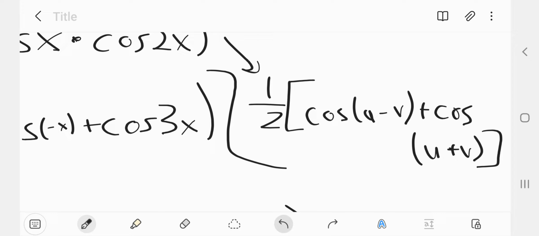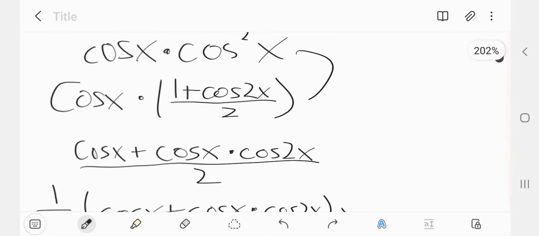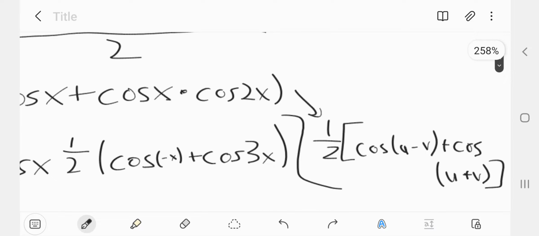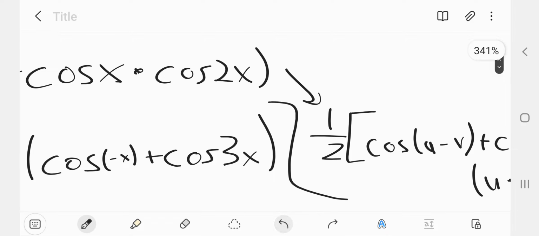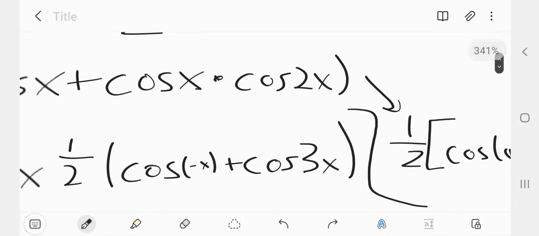And you might be wondering, and I was confused for this for a while, what are the u's and v's when the angles here are the same? There's not x and y. This is just both x and x. So what are they talking about with u and v, right? The u and v are actually referring to the coefficients. So the coefficient here is just 1, right? Because there's nothing there, so it's an implied 1. It's cosine 1x, isn't it?